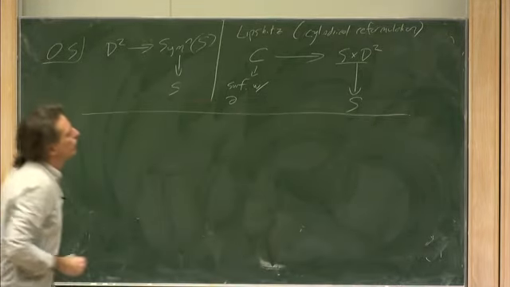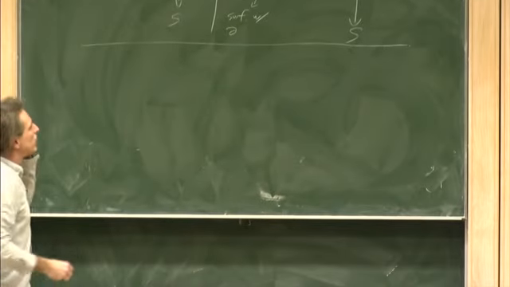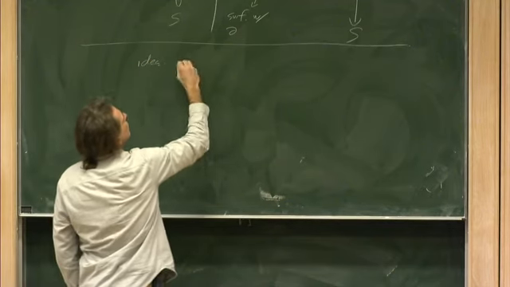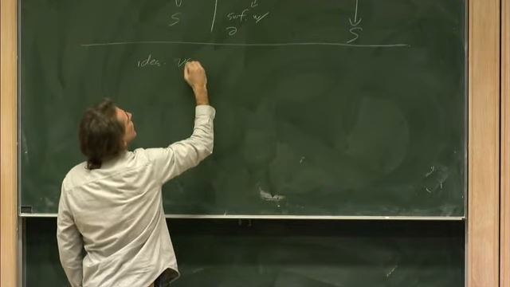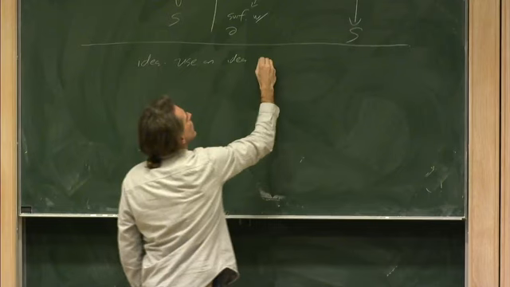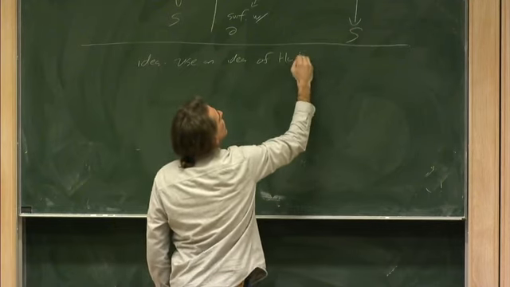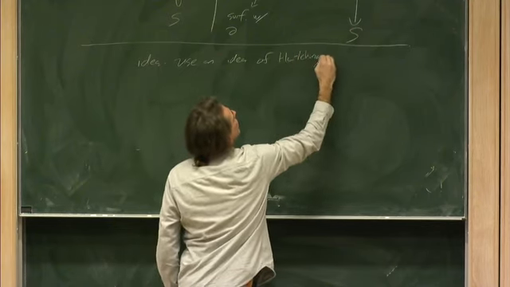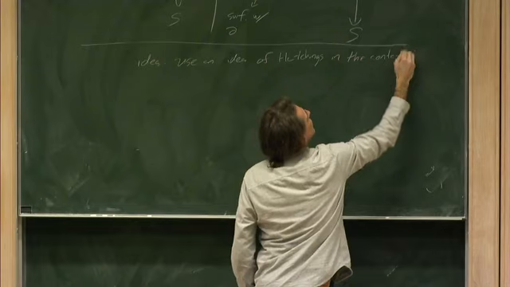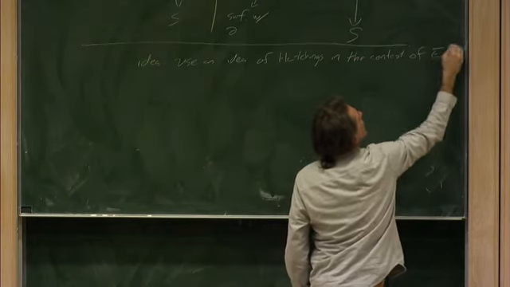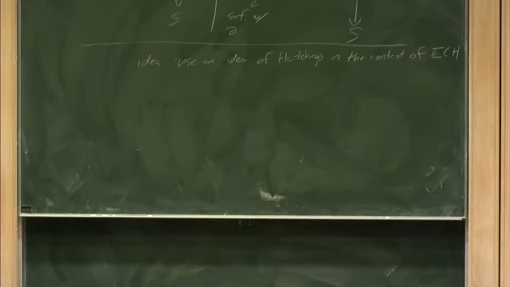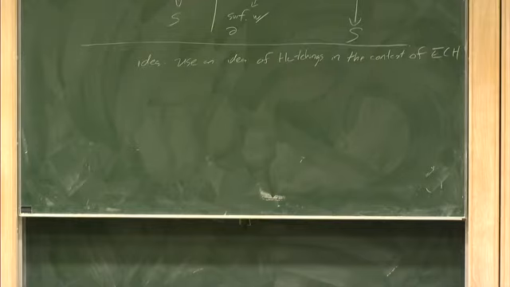Very rough outline. So the idea is to use an old idea of Michael Hutchings in the context of embedded contact homology, or really in any version of contact homology that you like.